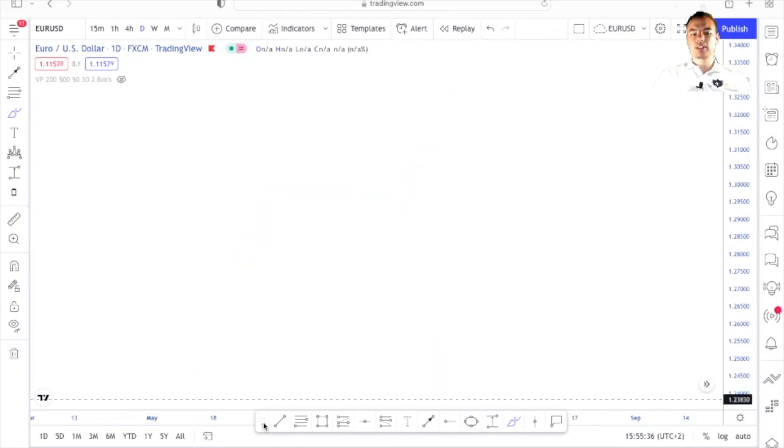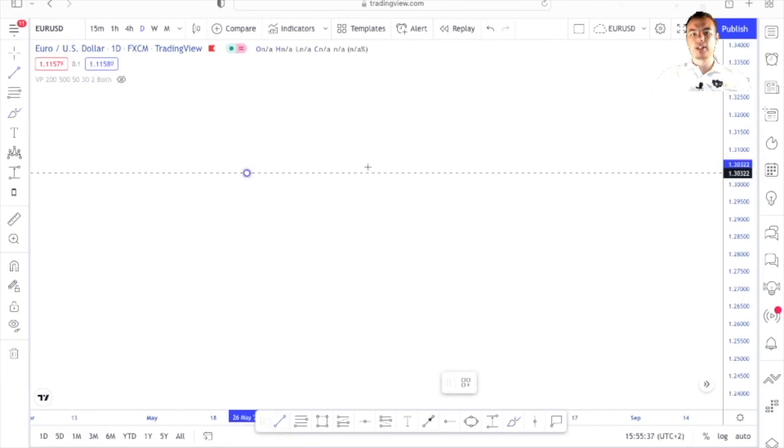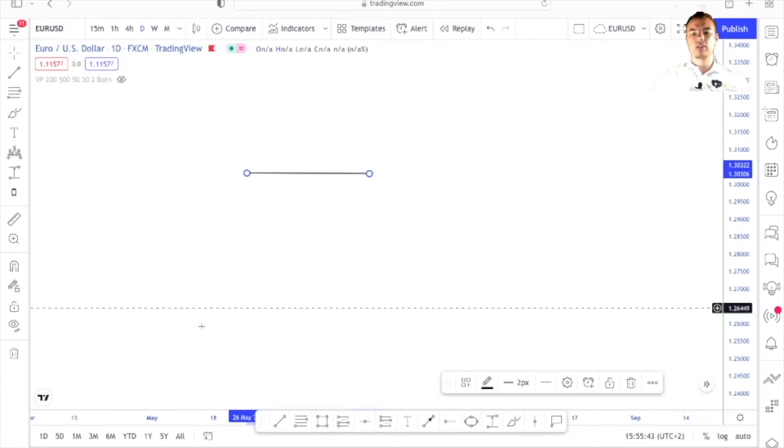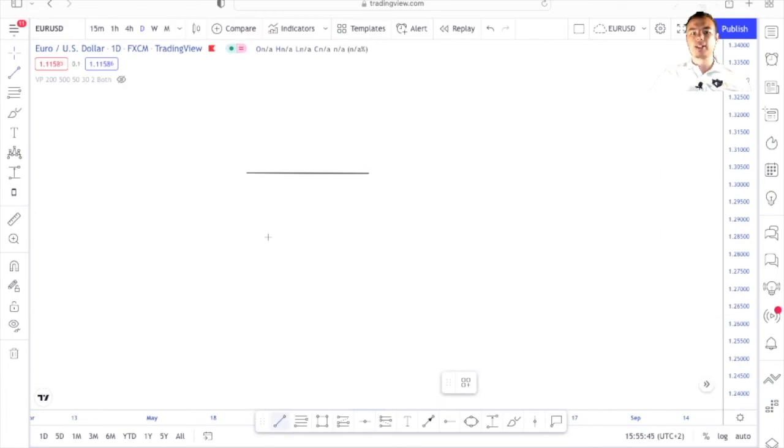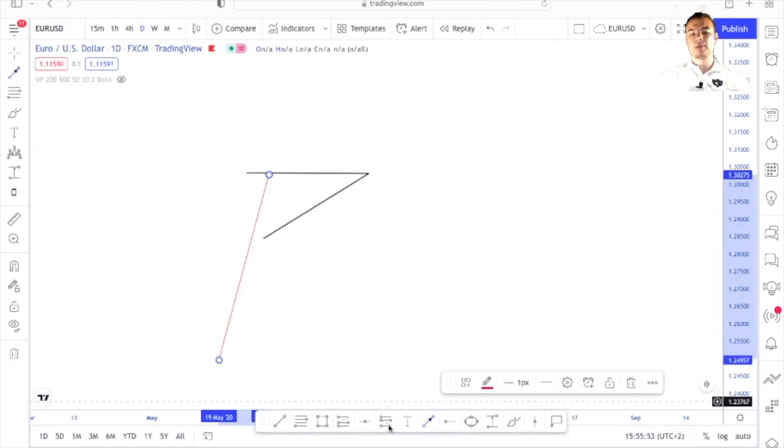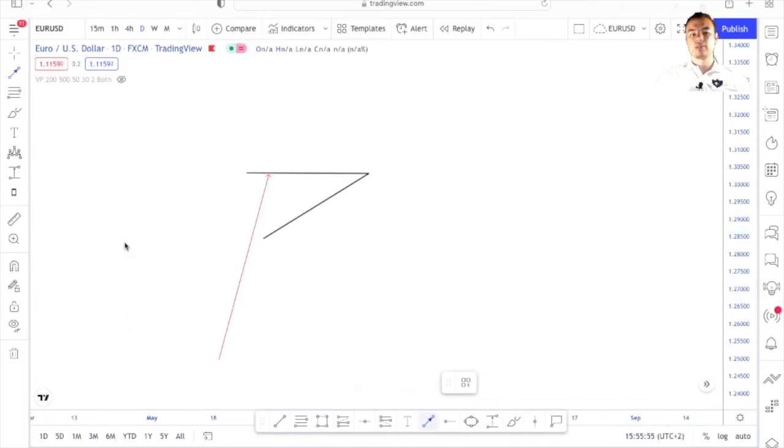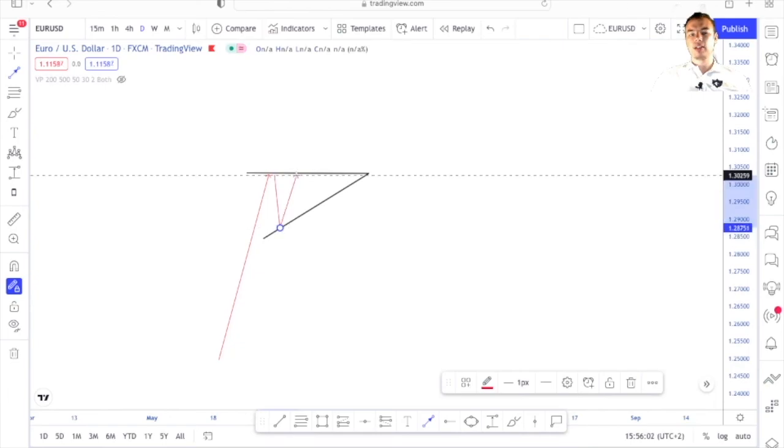Ascending is the opposite. Now this time the top trend line is horizontal, and then the bottom trend line is ascending. So again, I'm just going to stick with the uptrend. So up, makes a higher high, makes a higher low. This time it makes an equal high, higher low, equal high, higher low.